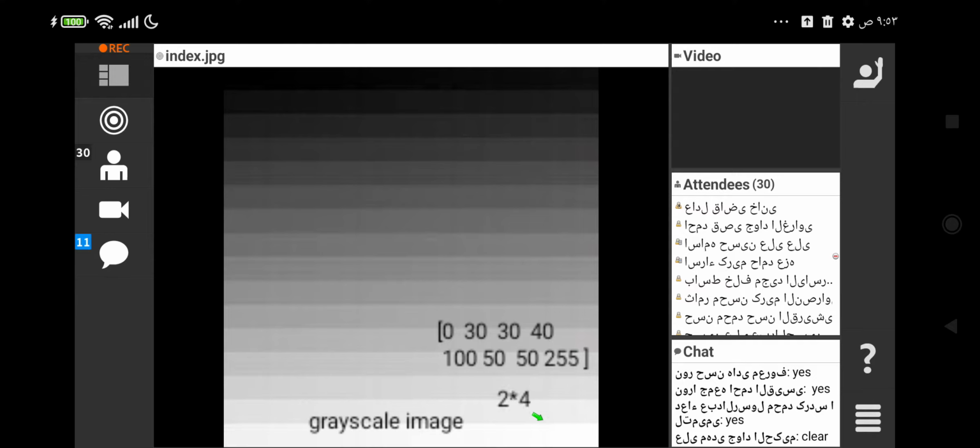We have 2 rows and 4 columns. So the resolution is 8 pixels. Here we only have 8 pixels. So this is the resolution of the image, the number of pixels that we have in the image. Do you understand this? No problem.